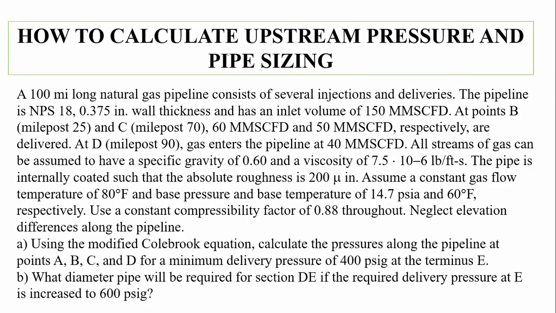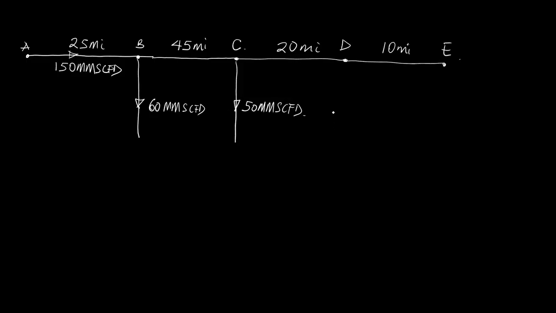At D, gas entered the pipeline, which is 40 million standard cubic feet per day.